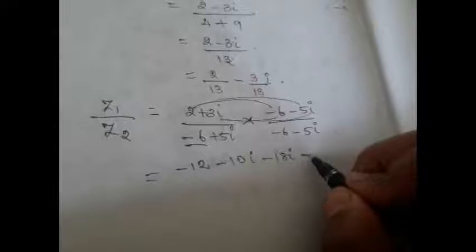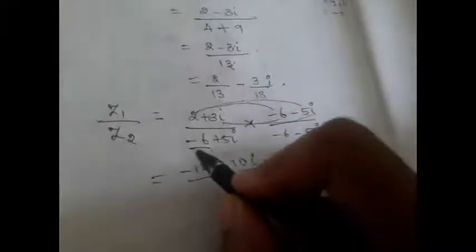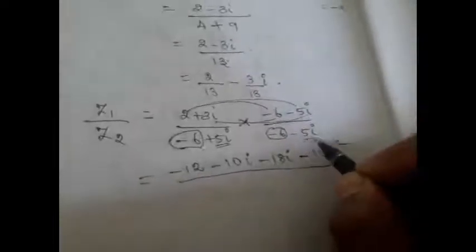Then 3i into 5i, plus into minus is minus, 5 3s are 15i square, divided by, this is going to be a plus b into a minus b. See, a is minus 6, b is 5i.